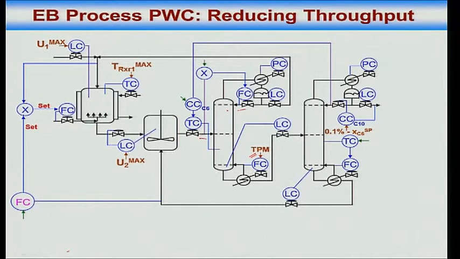Note, this is something that I want you to notice, that everything that you are doing here comes from the constraints, from the set of active constraints. What should be my throughput manipulator? Should I use boil up to control temperature?